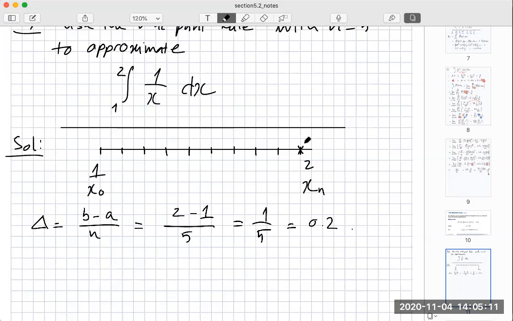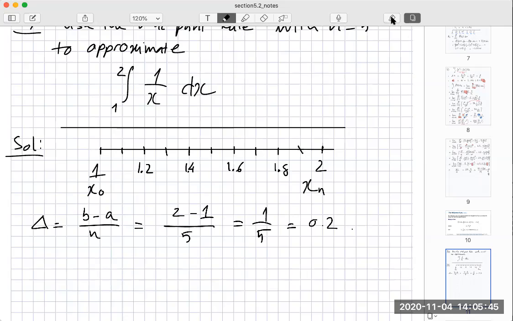Two is right here. So delta x here is 1.2, 1.4, 1.6, 1.8. Okay, then two is right here.